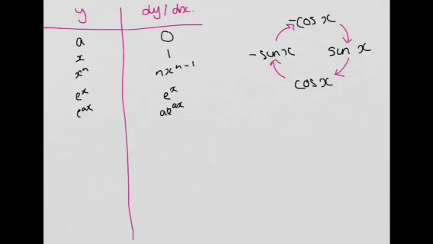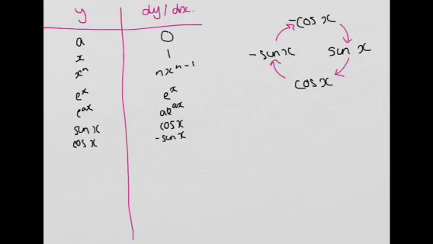So that's my differentiation. What we'll find when we do integration is I'm just going to go the opposite way. So sine becomes cos becomes minus sine, and minus sine becomes minus cos. So I can write those into my table here. So sine x becomes cos x, and cos x becomes minus sine x.